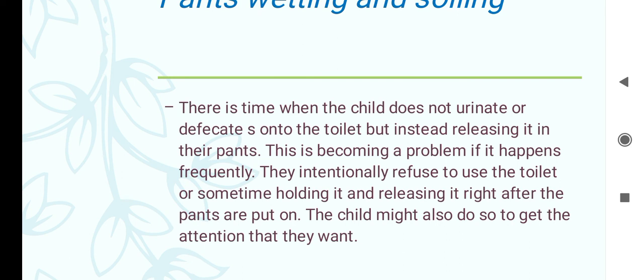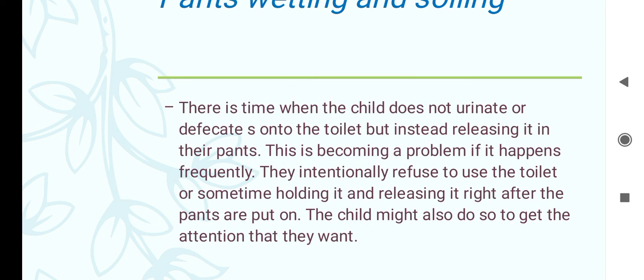Dia dengan sengaja tak nak pergi ke toilet, memang sengaja tahan, menunggu the right moment untuk melepaskan di dalam bilik darjah tanpa ada rasa segan, tanpa rasa malu untuk membuang air besar di dalam kelas. So this is dependence behavior.